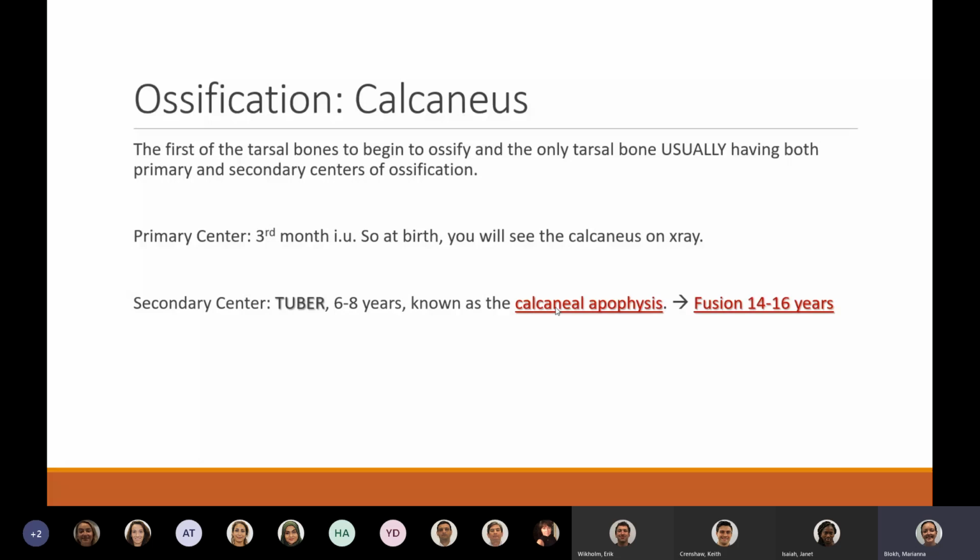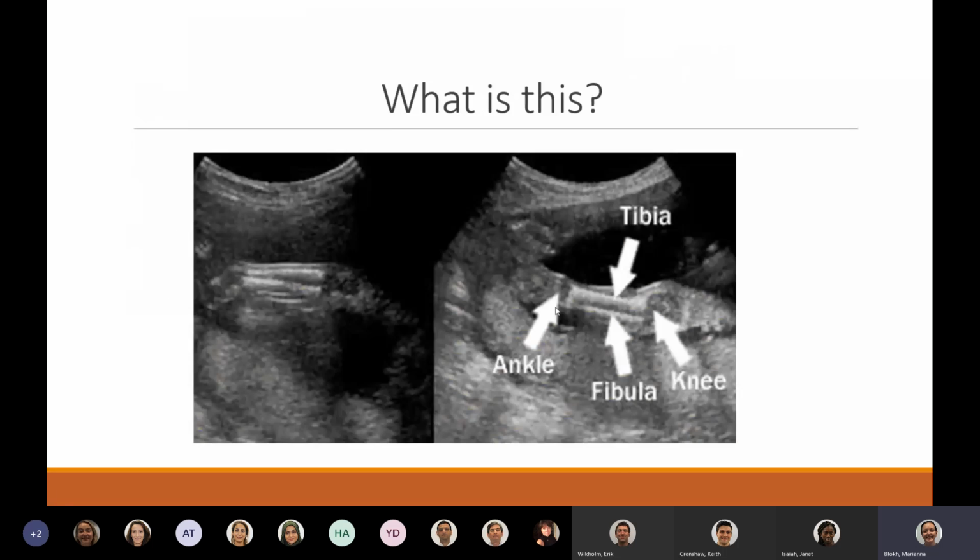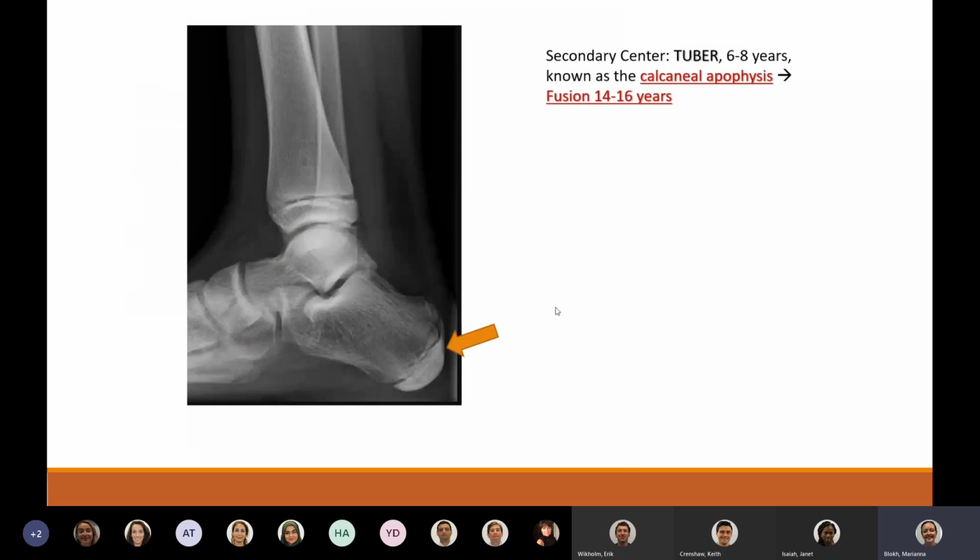It'll look very irregular at the calcaneal apophysis. So the board question will be like an 11-year-old or a 10-year-old coming in with pain in the heel, and they'll give you this X-ray and ask what it is. Basically, the calcaneal apophysis doesn't fuse until 14 to 16, so that's what you're looking at.